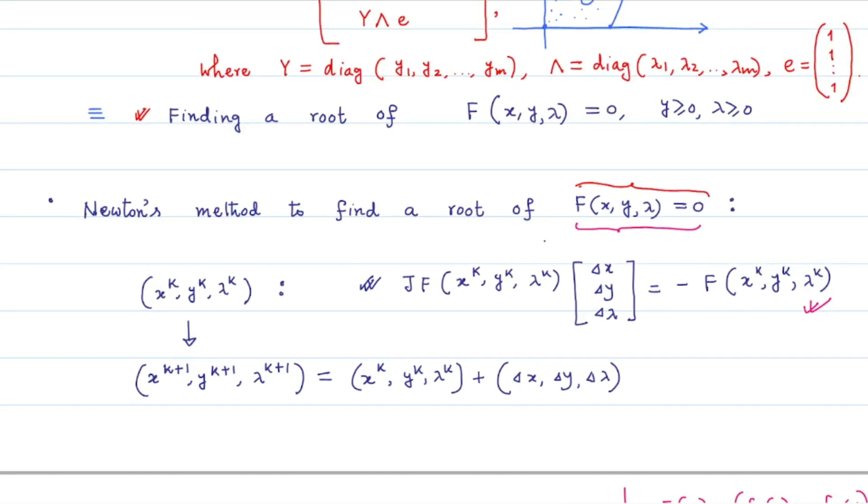So here you use the Newton's method to find this sequence xk, yk, lambda k, and maybe a limiting point of this sequence is going to give us a solution of this equation. But you notice that a limiting point of this sequence is going to be a solution of this equation is assumed only when certain conditions of the Newton method are satisfied, right?